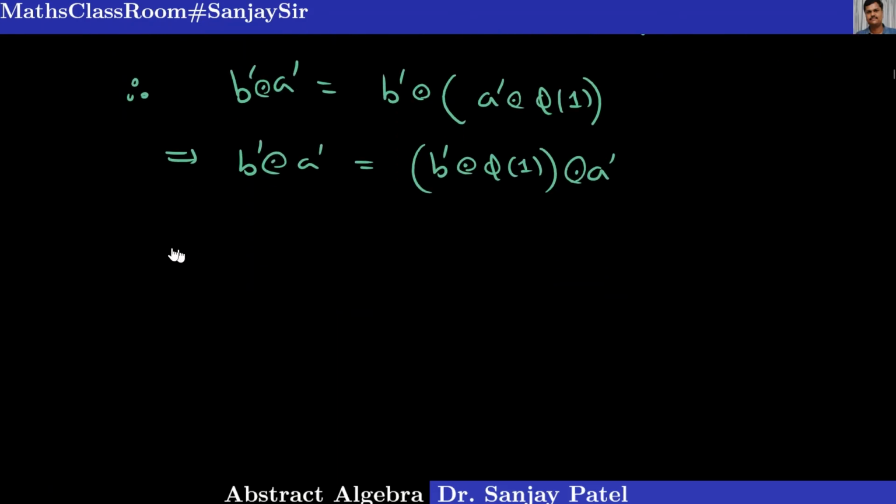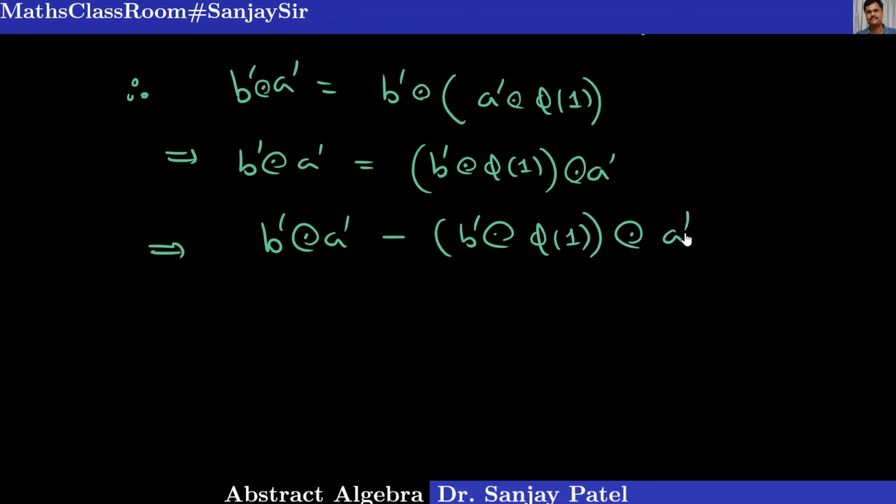taking this term on the other side, what I will be getting is b' dot circle a' minus b' dot circle phi of 1 dot circle a' is equal to, this is a subtraction in the codomain ring R', so this is equal to 0'.